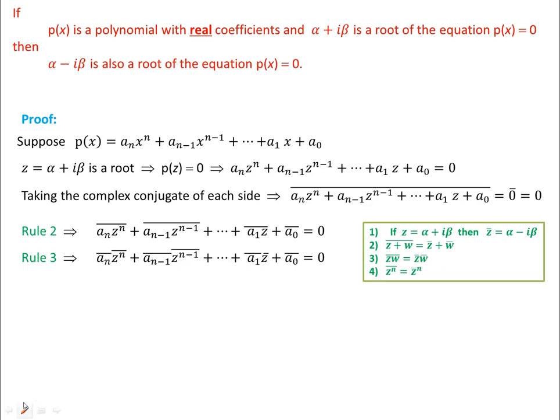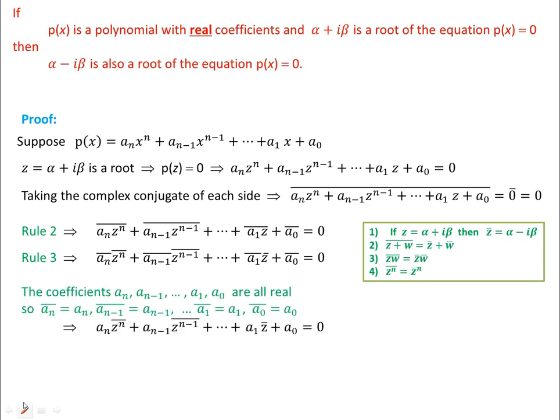So the complex conjugate of a_n is the complex conjugate of a_n plus 0i, which is just a_n. So for all of those coefficients, a_(n-1) all the way down to a_1 and a_0, their complex conjugate is exactly the original coefficient, because the coefficients are all real numbers.